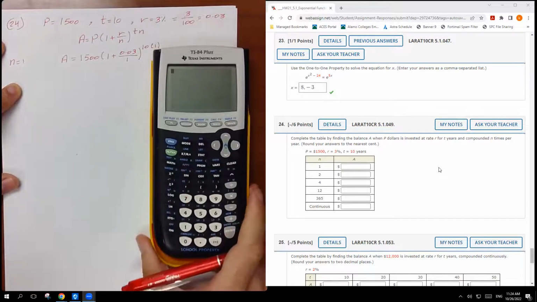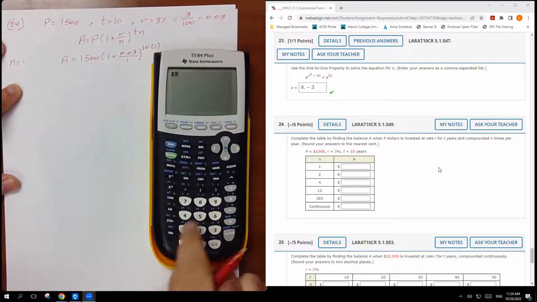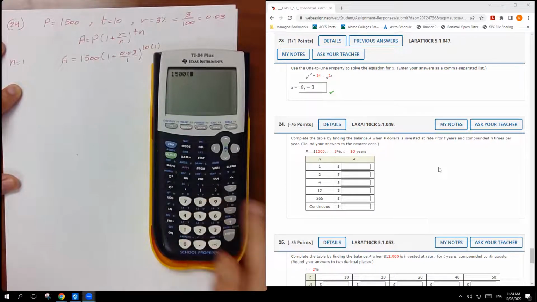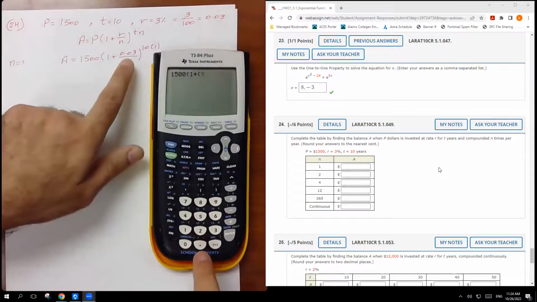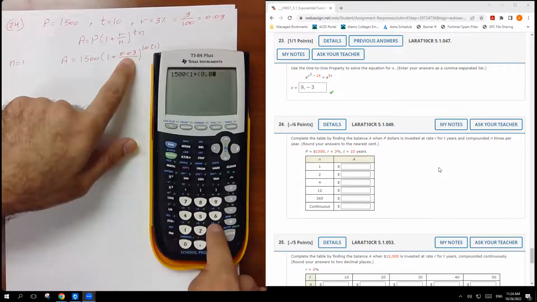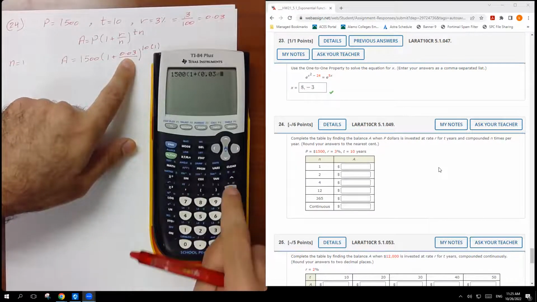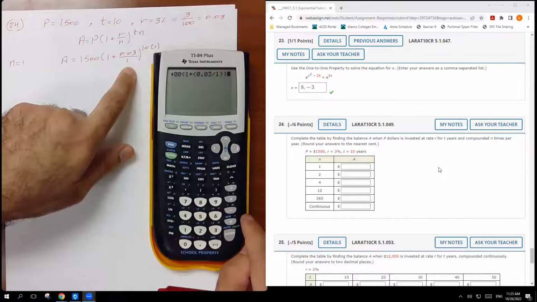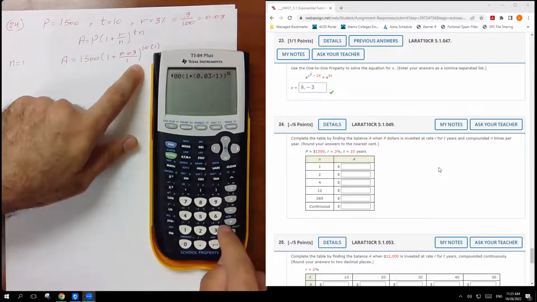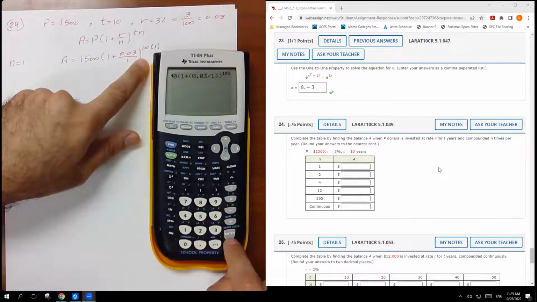Okay, so now we're going to say 1500, parentheses. Be careful here. 1 plus, I'm going to open another parentheses to write down 0.03 divided by 1, close this parentheses and close the second one. To the exponent, 10 times 1 is going to be 10.